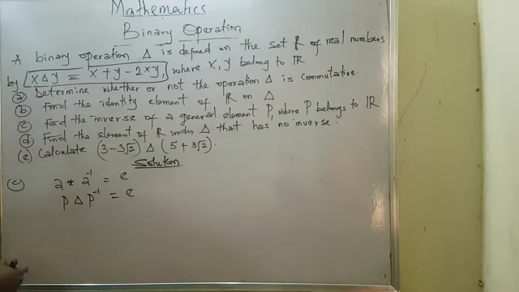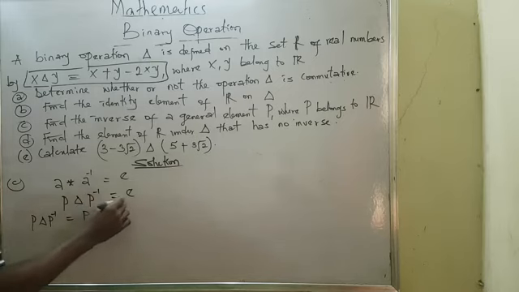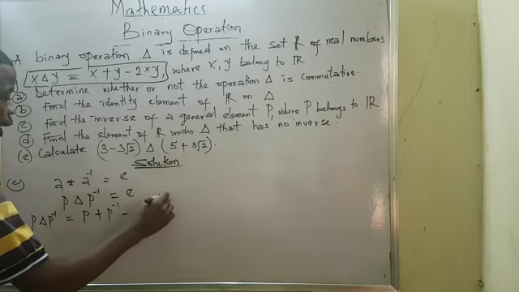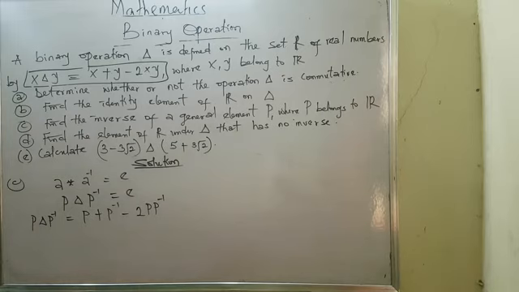So we have P operates P inverse, which will be equal to P plus P inverse minus 2P P inverse. That is 2 times P inverse.